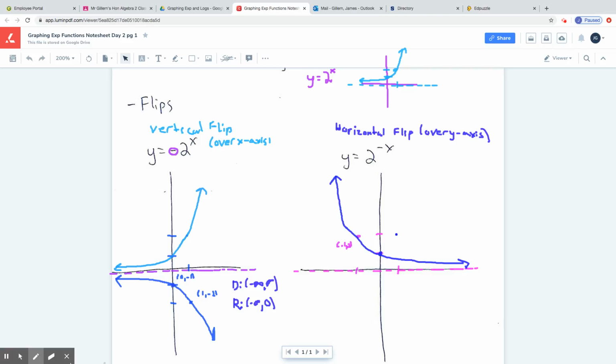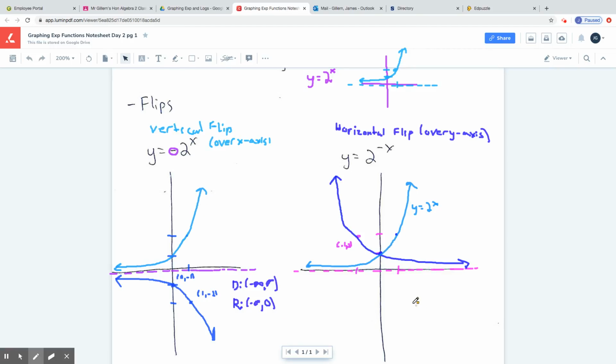Originally, the light blue one here is the basic shape, y equals 2 to the x. This is y equals 2 to the -x. It flipped over the y-axis. It is a horizontal flip, side to side. It went from being on this side to that side. Verticals go up and down, from the top to the bottom.